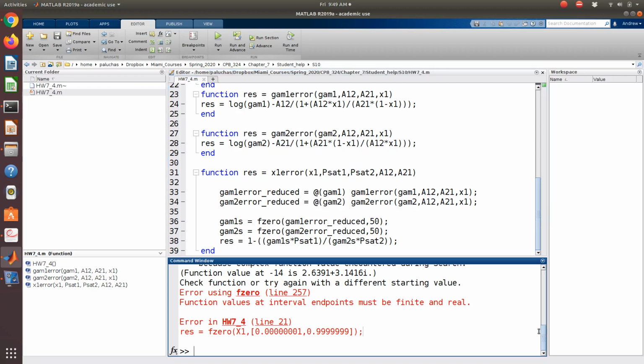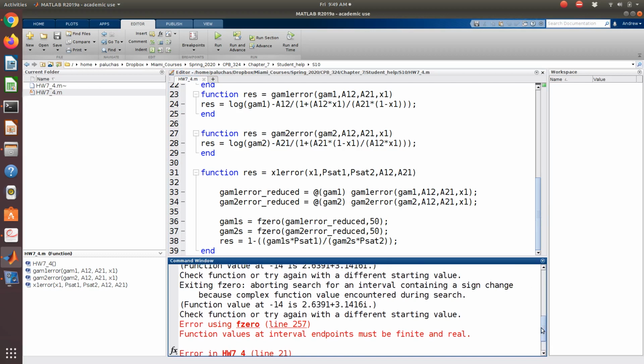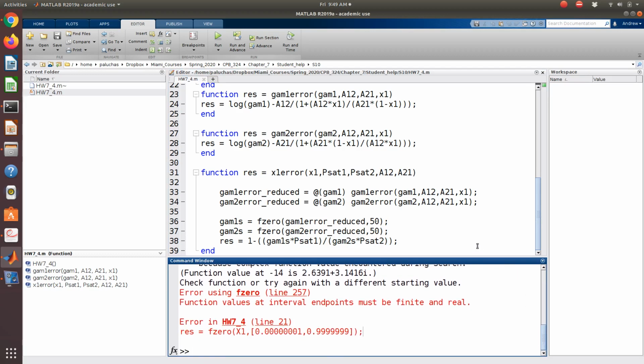Because if somehow my function value at negative 14 is that, okay? So one issue is if I just give an initial guess of gamma of 50, MATLAB's going to keep moving out to the left and right until it finds two values that bracket 0, right? But without setting bounds, gamma can't be negative. Well, can gamma be negative? No. So log gamma could be negative. Your gammas, though, are all going to be greater than 0.